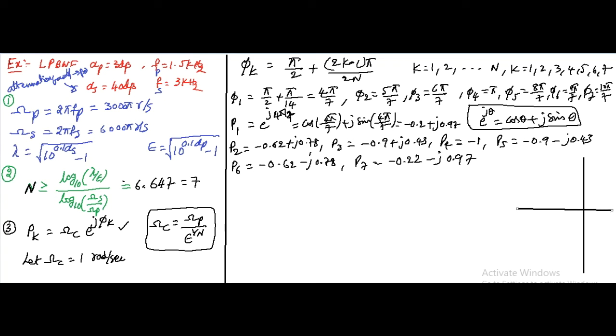So try to observe all the poles values consist of a real parameter and an imaginary parameter, but the real parameter is here negative, right? And sometimes the real parameter we will get positive values, but don't consider those poles, because for stability analysis we have to consider left side poles only.